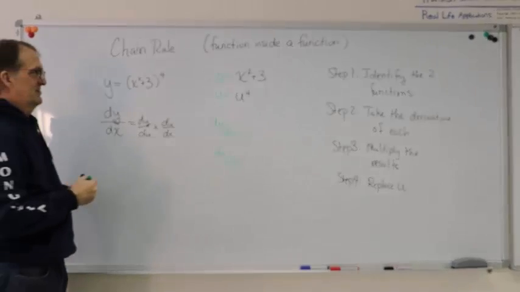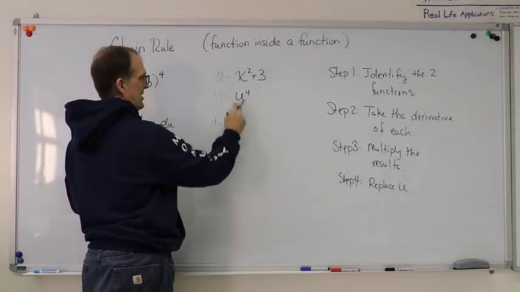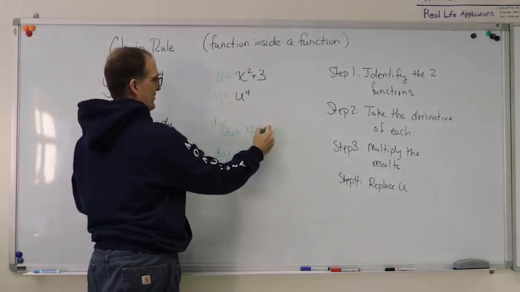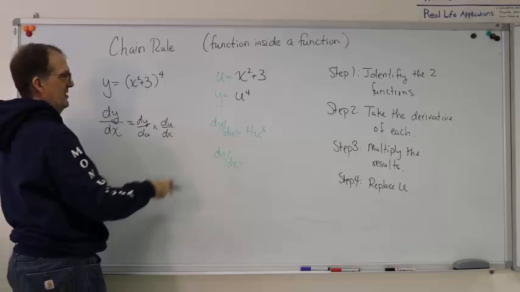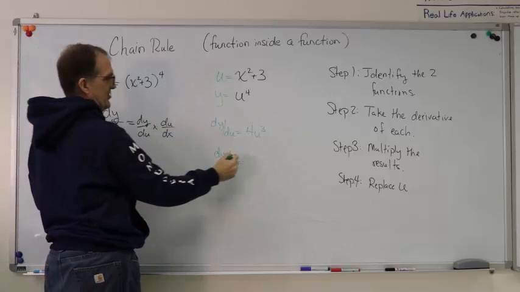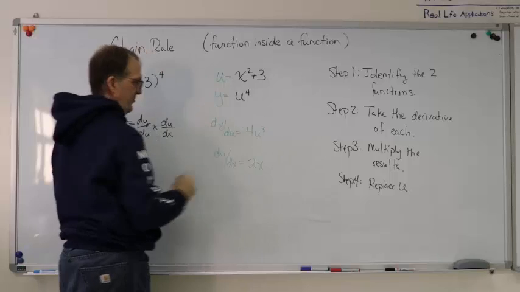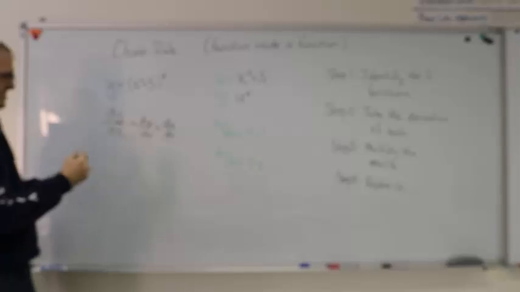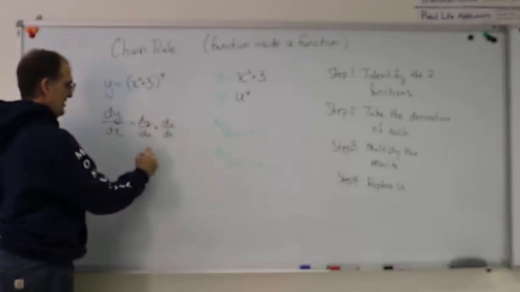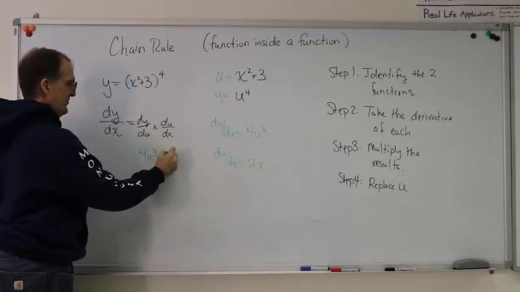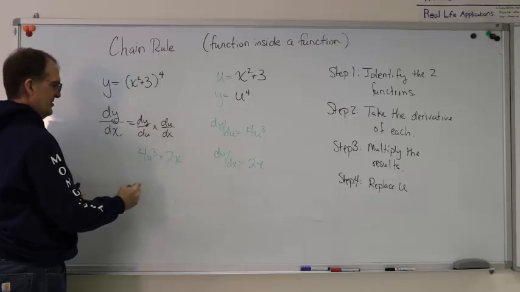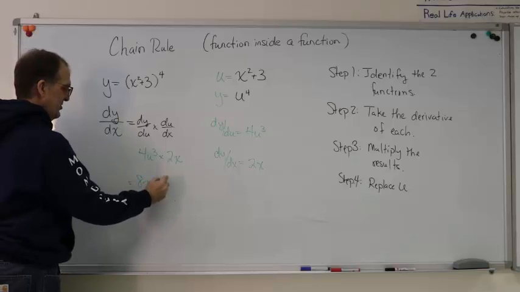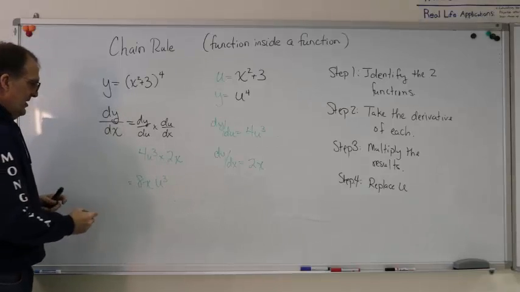Derivatives of each. Again, I'm doing the bottom one first, dy du, 4u to the 3rd, and then du dx, 2x. And now, come back over, we have 4u to the 3rd times 2x, which is equal to 8x u to the 3rd.